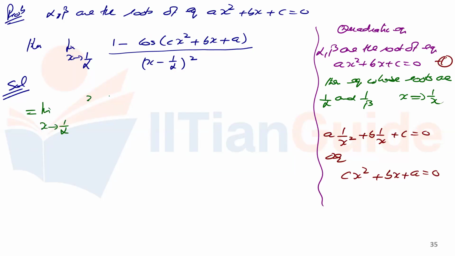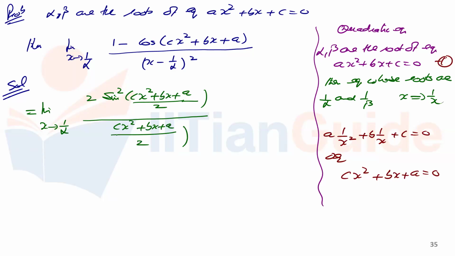I will use the half angle formula to sin square cx square plus bx plus a divided by 2. I will make sin theta by theta. After that, I will write cx square plus bx plus a by 2 whole square. And I will write 4 here. I will write this expression.